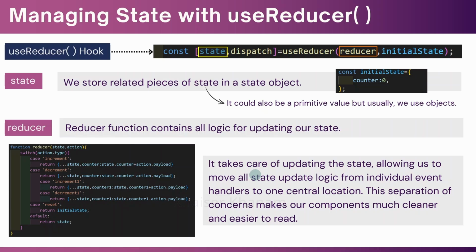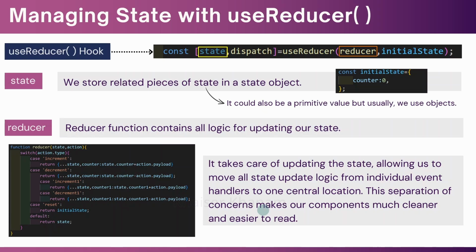If we are using the useState hook, then for each and every operation we have to create a separate function and accordingly perform the action. But when we are using useReducer, all the state update logic is shifted to one central place, that is inside our reducer function.